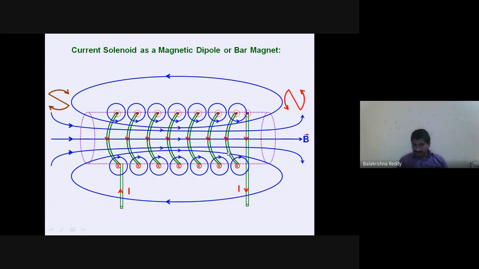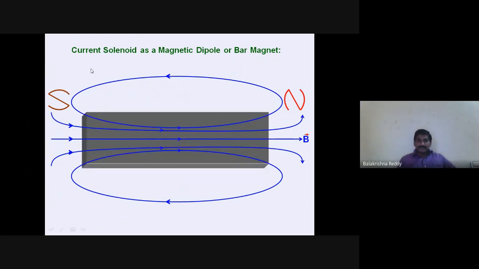So the current flows inward and comes out from outward. Around that, perpendicularly, the blue lines show the magnetic field lines. Each and every coil or ring of wire you are finding as one loop.